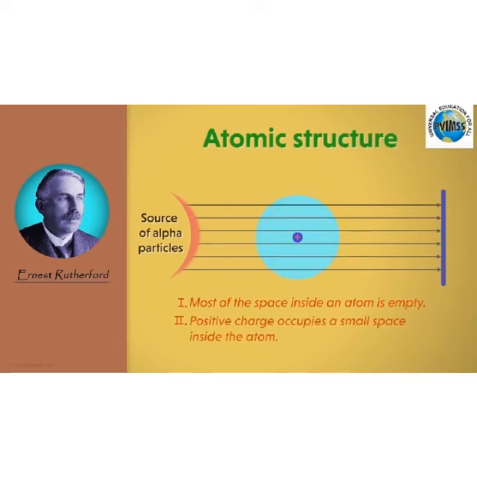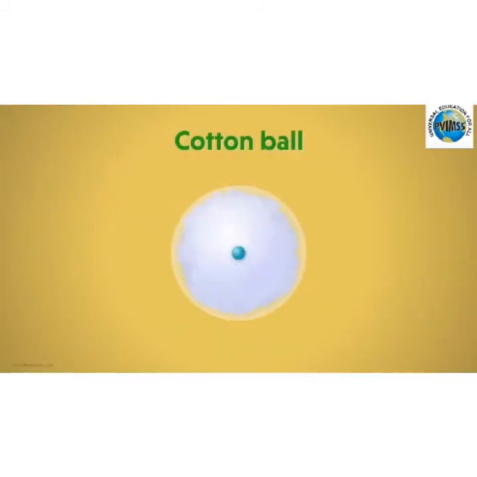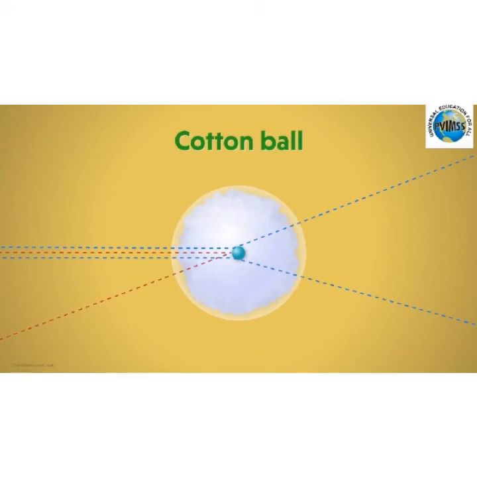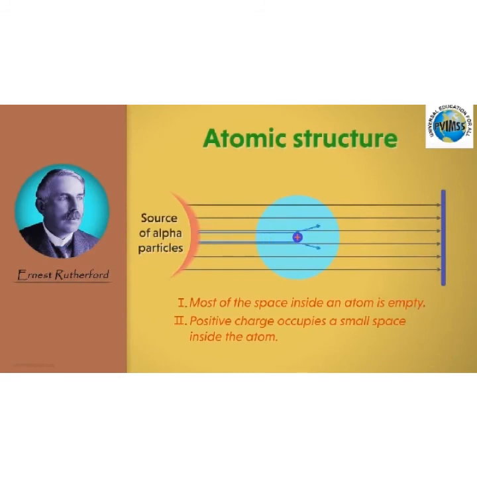Few alpha particles get deviated. It means there is a possibility that they hit the edge of the center. As alpha particles and the center are both positive, the center will repel the alpha particles. A small number of alpha particles rebound, so there is a possibility that they hit the center of the atom.